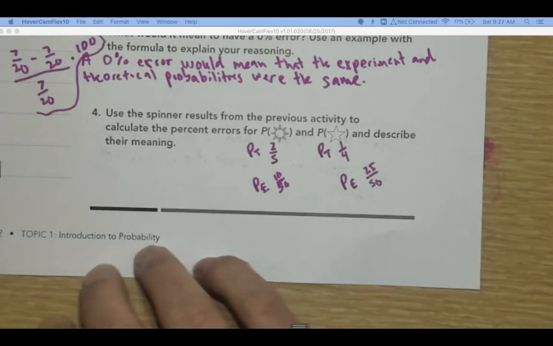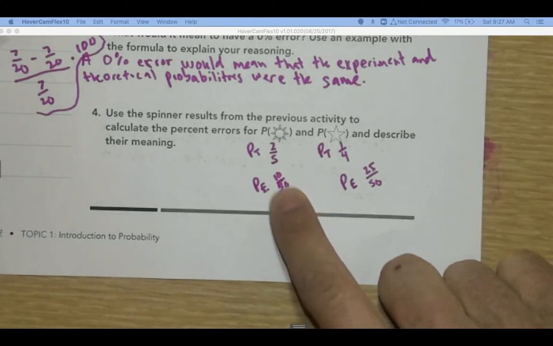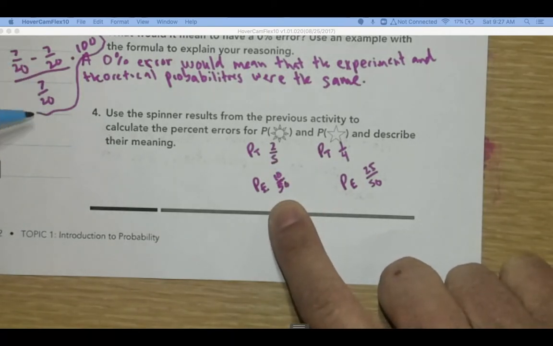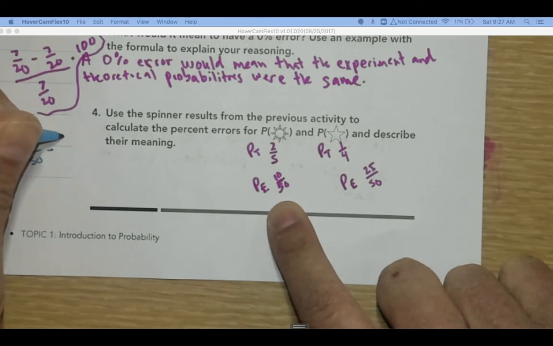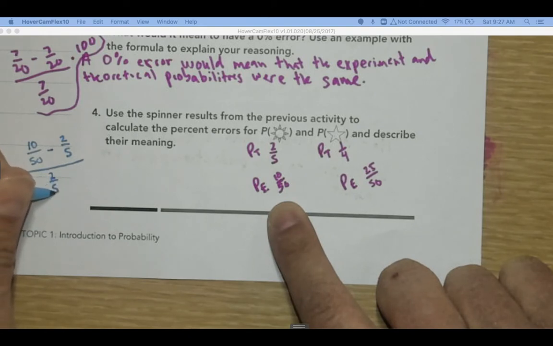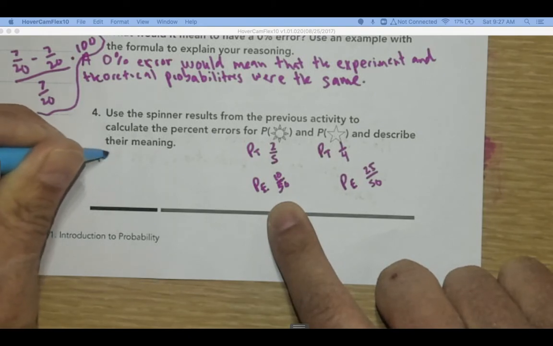And so for the sun first, I would take my experimental probability of 10/50. I would subtract from the theoretical probability of 2/5. I would divide that by the theoretical probability of 2/5, and then I would times it by 100.